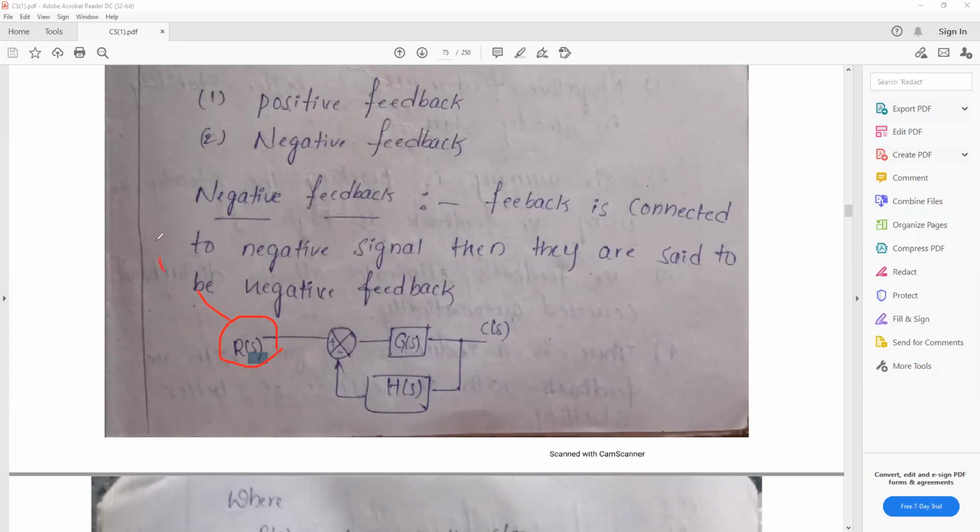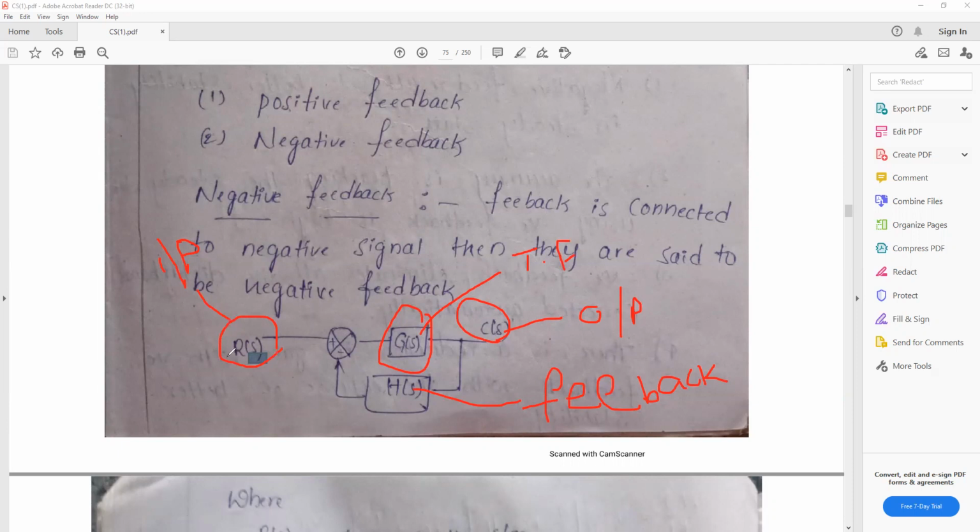Input R of S, C of S is the output signal, this is the feedback, this is the main forward transfer function.